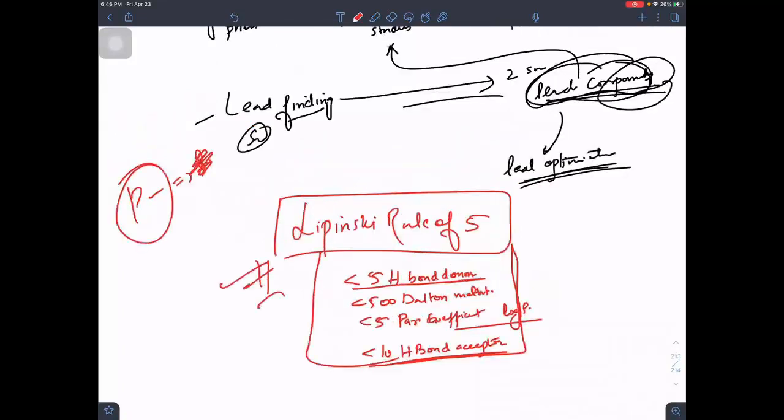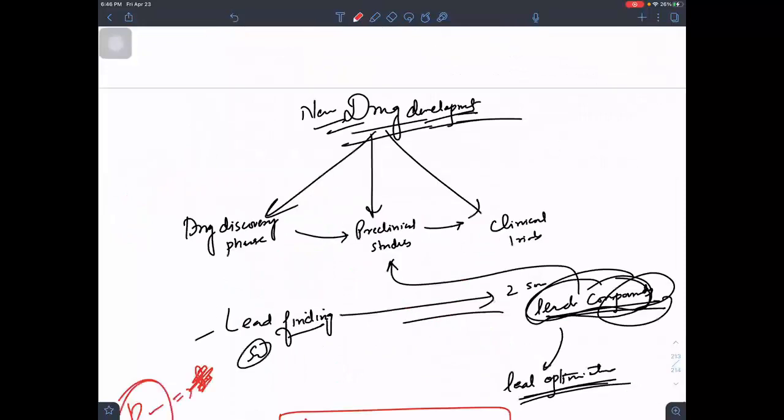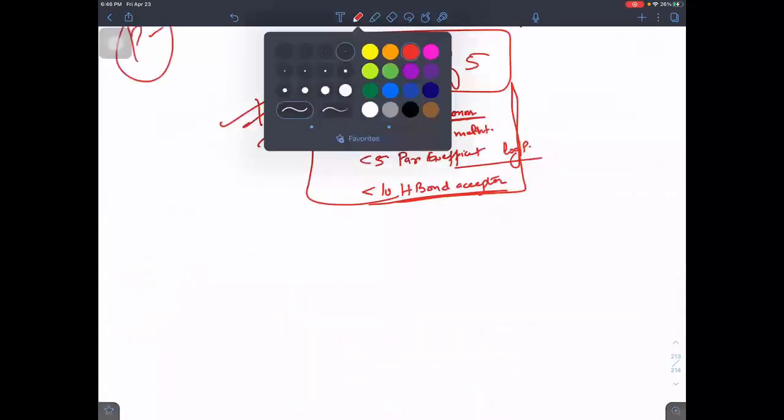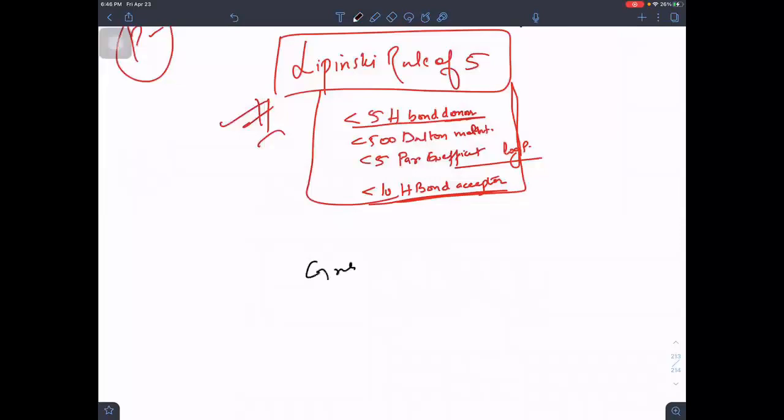So this is what we understand. Now you are in the preclinical studies. What will you be doing? You will be grabbing a mouse, isn't it? In preclinical, you take animals.